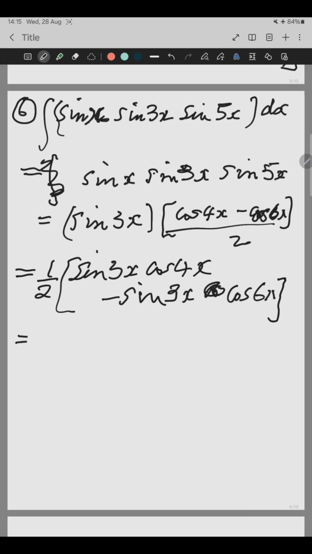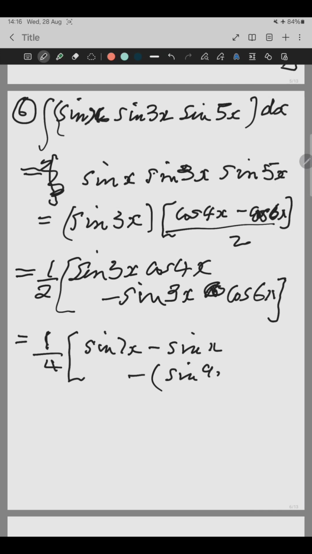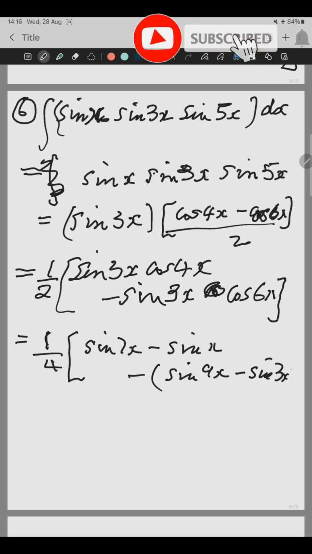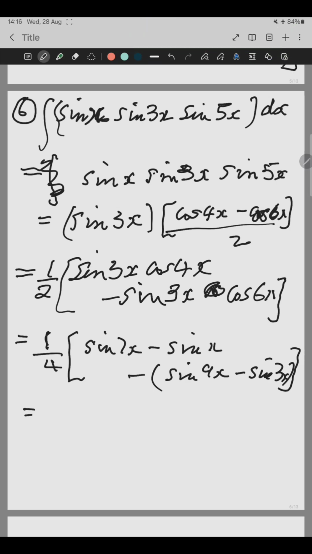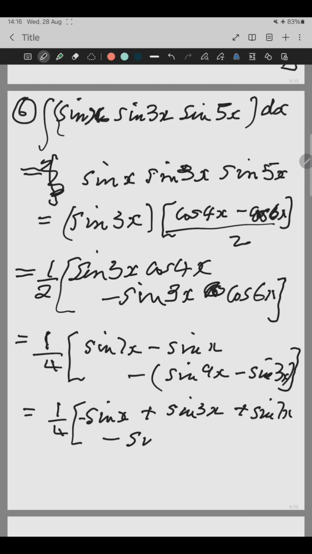Which equals, using the factor formulas again, 1 over 4 of sin 7x minus sin x minus sin 9x minus sin 3x, which equals 1/4, and putting in order, minus sin x plus sin 3x plus sin 7x minus sin 9x.